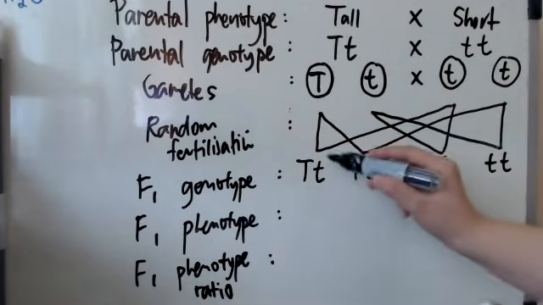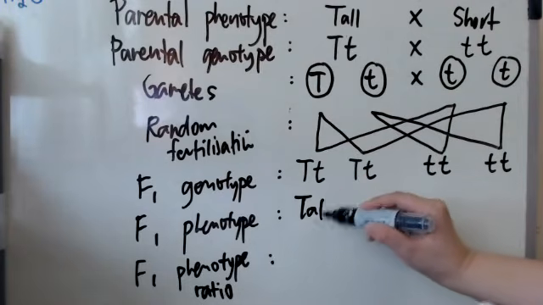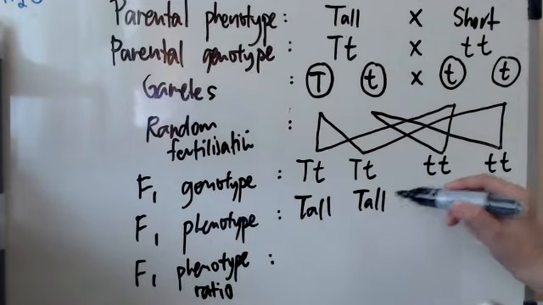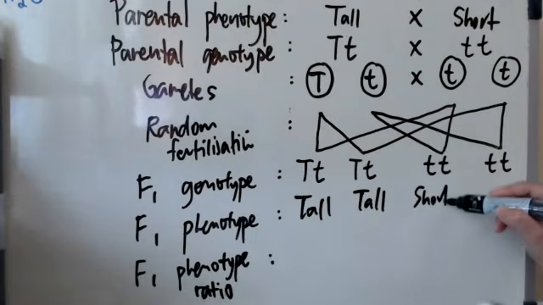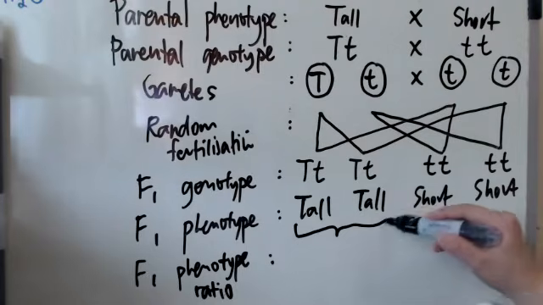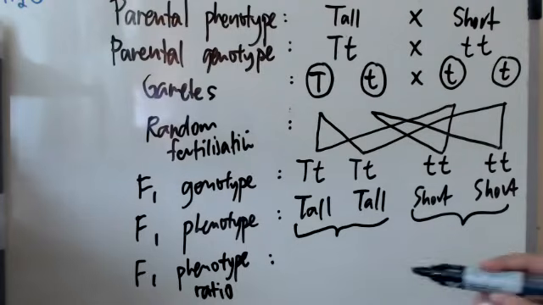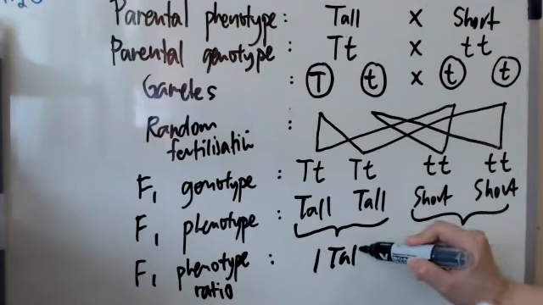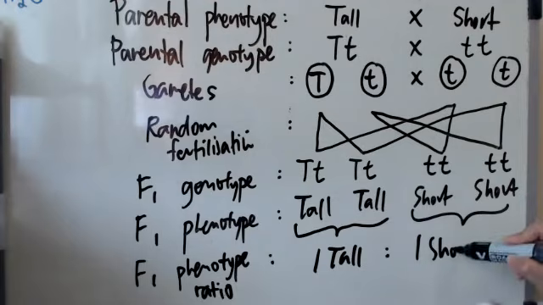So the phenotype for this is tall. The phenotype for this is tall as well, while this is short and this is short. So in that case, what is the phenotype ratio? You get 2 is to 2. That means 1 tall is to 1 short. Okay?